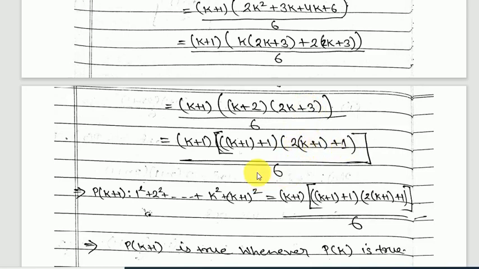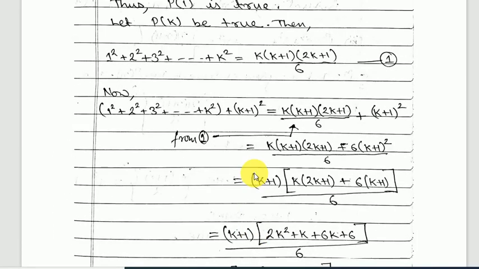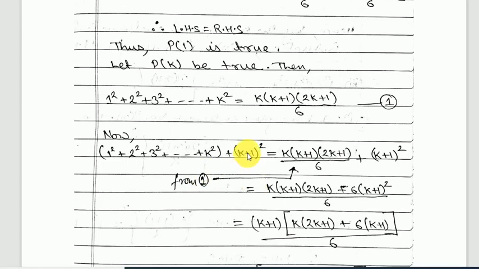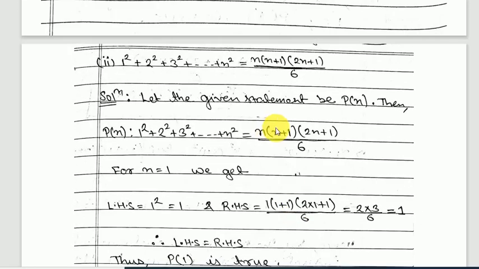So you just saw that the last term on the left hand side was k plus 1, and you have been able to write your right hand side in the same pattern. Here the last term was n, so the right hand side was n into (n plus 1) into (2n plus 1).